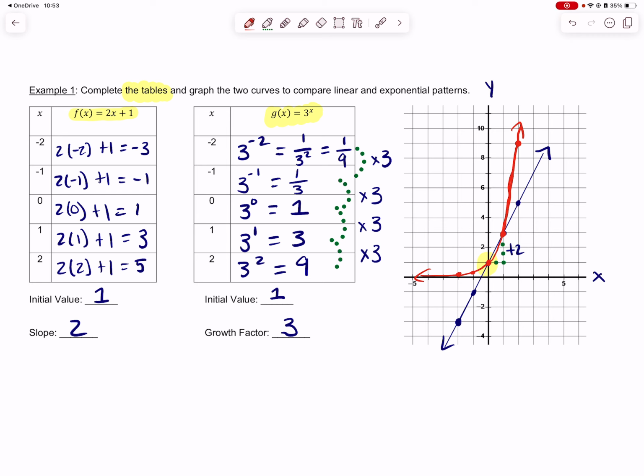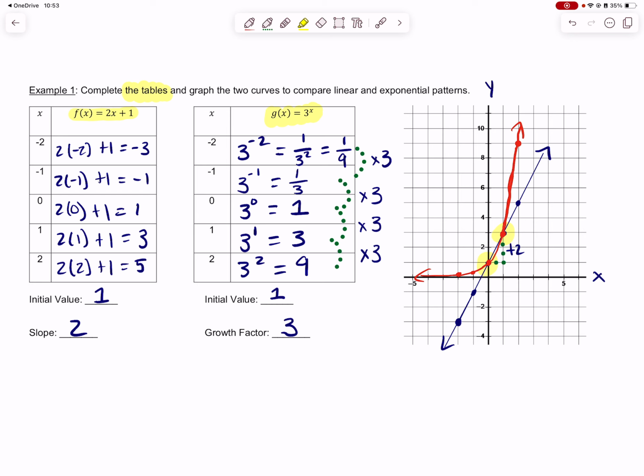And now a little bit to compare these graphs. Both of these two functions, the linear and exponential function, went through 2 of the same points. They went through that y-intercept spot 0, 1, and then they also went through this point 1, 3. However, between these two functions, for our linear one, we're looking at the slope.